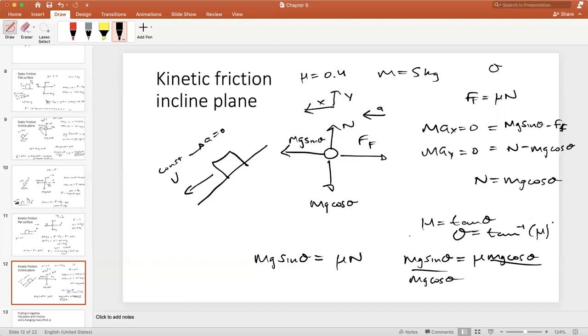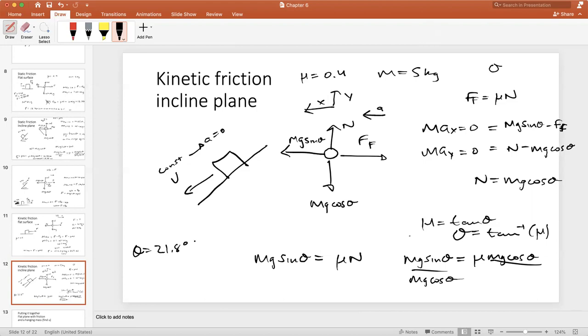or I get that the angle of this must be arctan of 0.4, I hope is actually a number, is 21.8 degrees. So this angle would be 21.8 degrees. That's the angle that it would slide down at constant velocity.